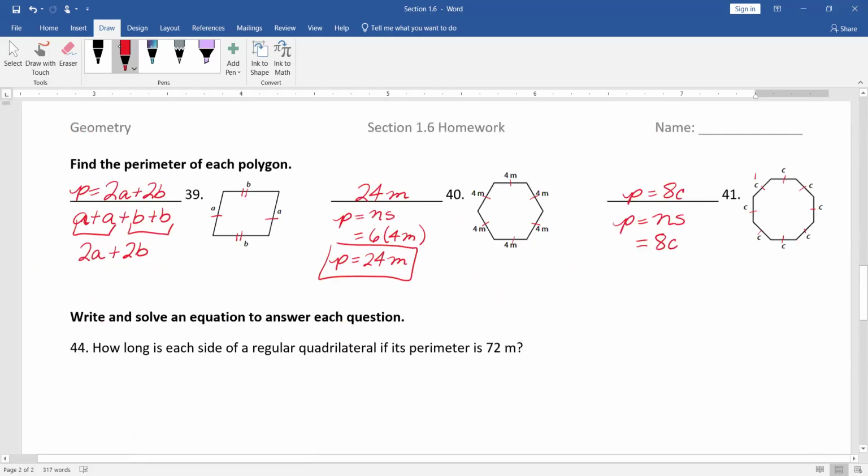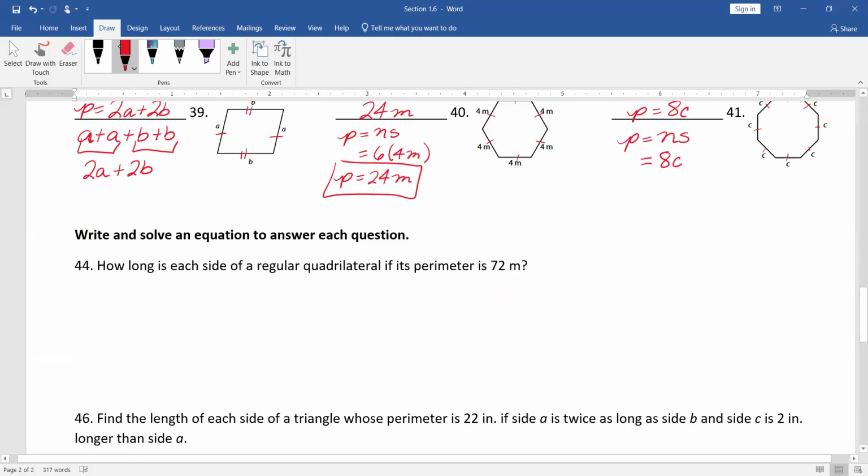Okay. Write and solve an equation to answer each question. How long is each side of a regular quadrilateral if its perimeter is 72 meters? Okay, first off, we have regular. That tells me that all of the sides are exactly the same length. And we've been told that it is a quadrilateral, which means that it has 4 sides.